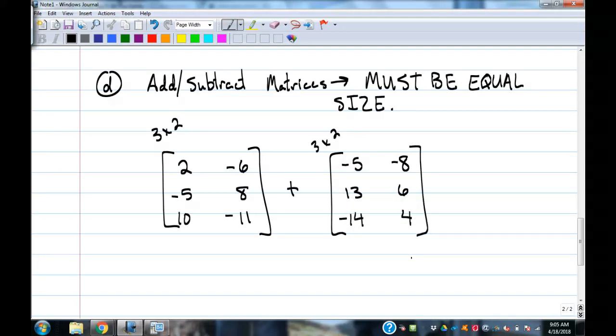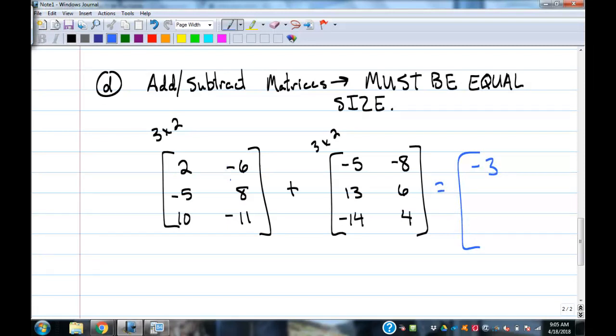The way matrix addition or subtraction works, they both work the same way, is with corresponding elements. Elements are the numbers that are inside. So the 2 is in the top left, first row, first column. It has to add to the first row, first column of that one. That's why they have to be the same size. So 2 plus -5 gives you -3.